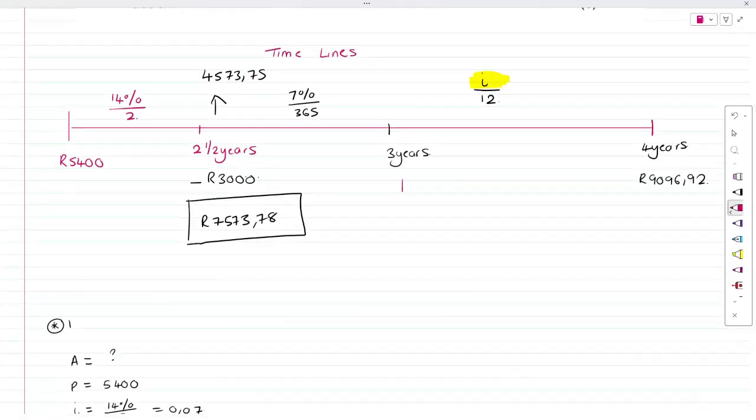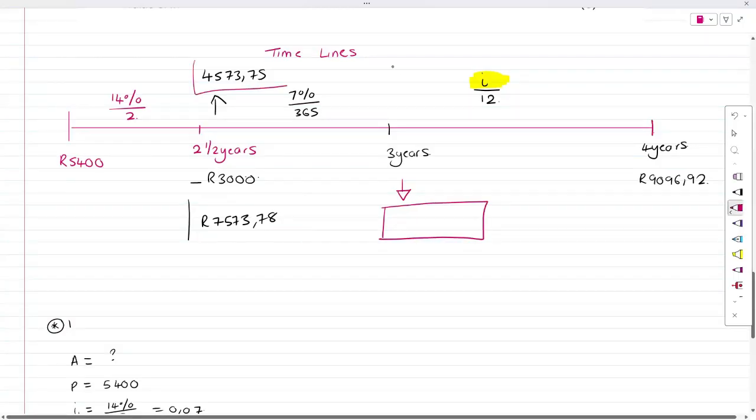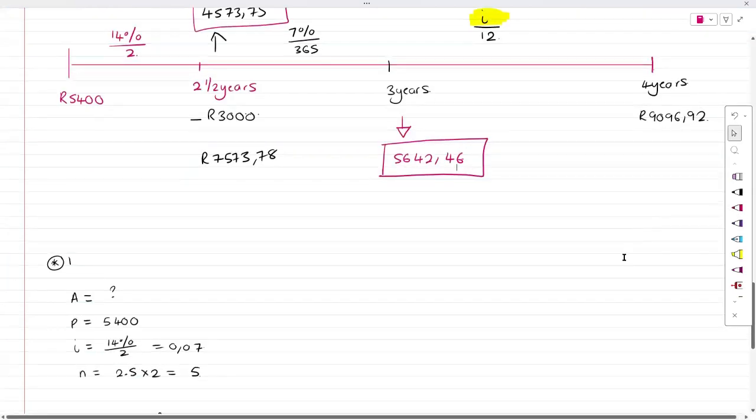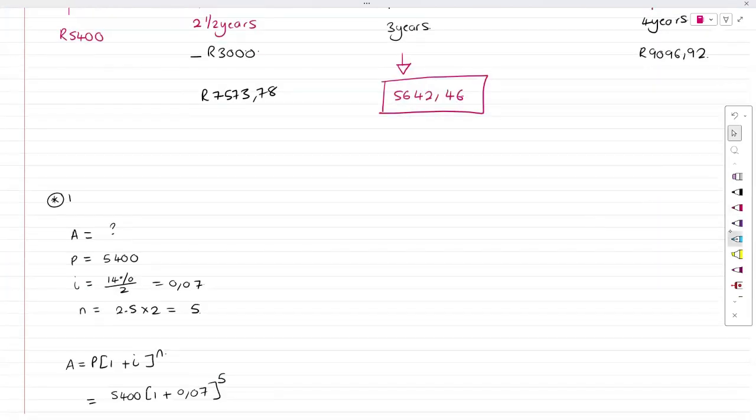So after 3 years, this guy has an amount of 5,642.46.